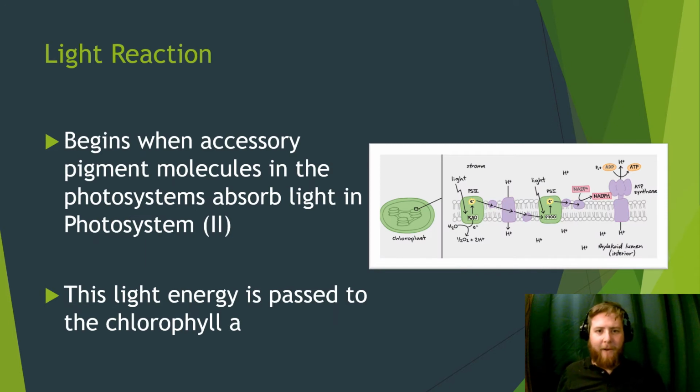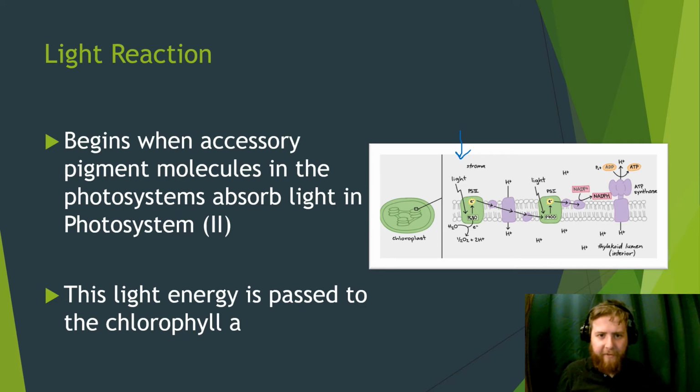All right, so let's talk about the light reactions and how it actually starts. It begins when the accessory molecules in photosystem 2 absorb light. Photosystem 2 is this one over here. Photosystem 2 was discovered second, that's why it's photosystem 2, even though we read left to right and photosystem 2 is the one on the left.